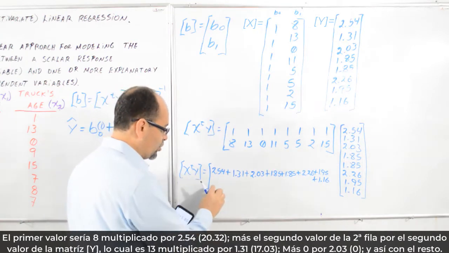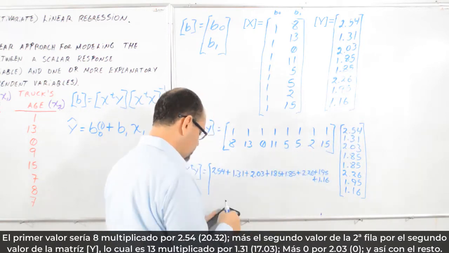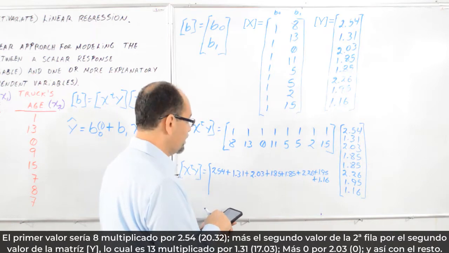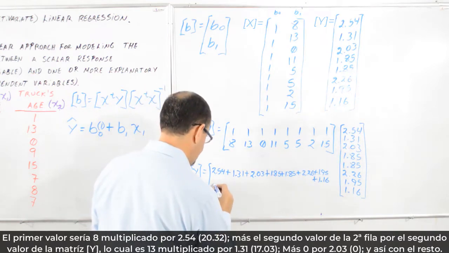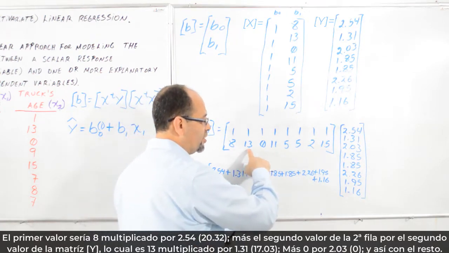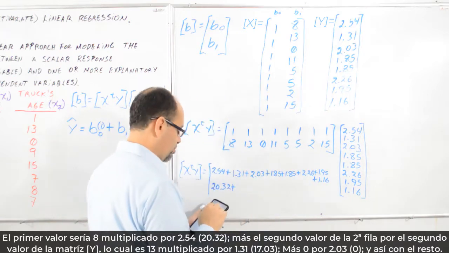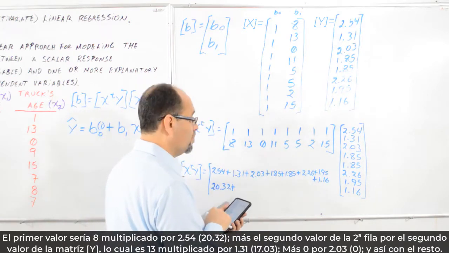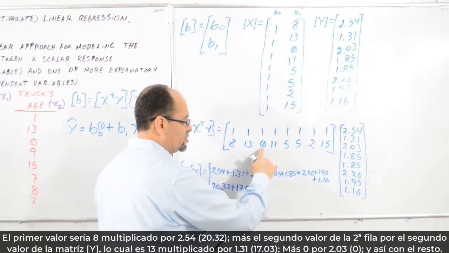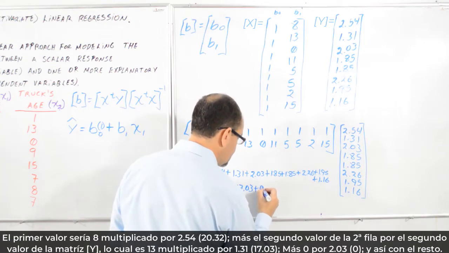The first term will be 8 times 2.54, plus the second times the second, 13 times 1.31, plus 0 times 2.03, and so on.